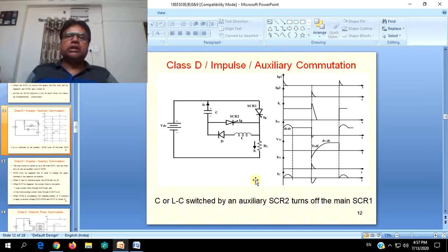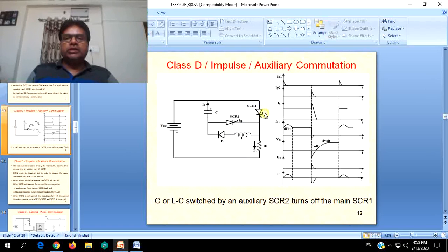That is why it is called impulse type of commutation. But also, as we employ an extra SCR just similar to the class C commutation, this is also called auxiliary commutation.